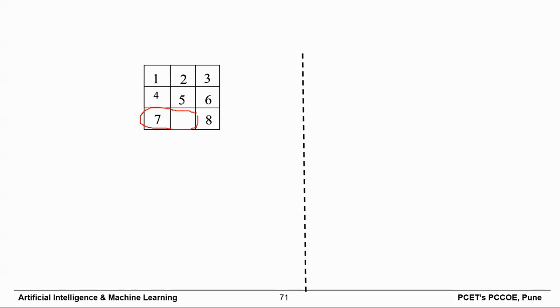Left one option, right another option. We will not go to up because we already did it. But you can do it, no problem. And tell me, and compare these new positions with our destination.